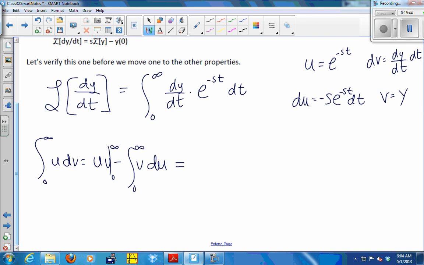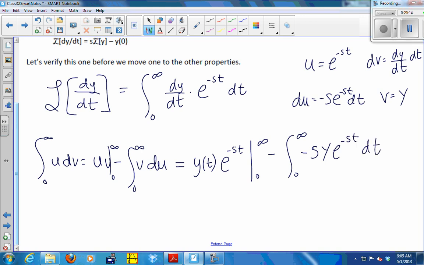Okay, so u times v is going to be y of t times e to the negative st. That's u times v, evaluated from 0 to infinity, minus the integral of v du. So I'm going to have negative s y e to the negative st dt.